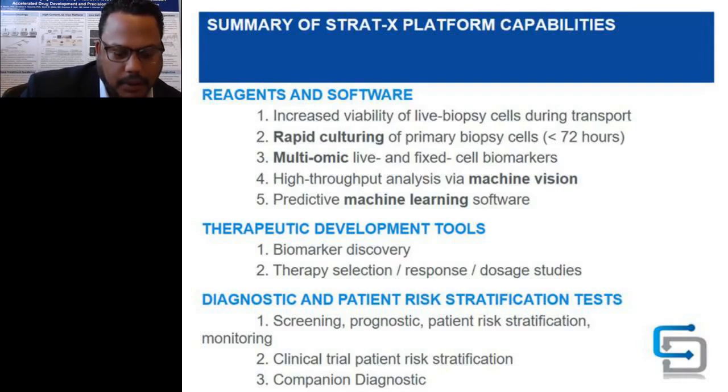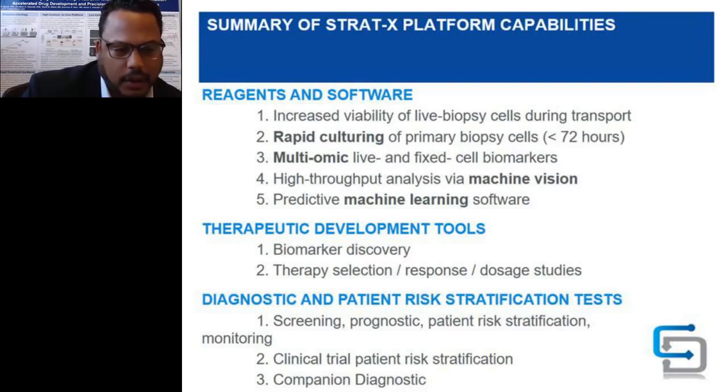The ability to look at multiple levels of regulation, or that multi-omic approach, could also be very important towards understanding the complexity of the diseases that we're trying to target, as well as the high throughput analysis of machine vision and the predictive nature of machine learning.